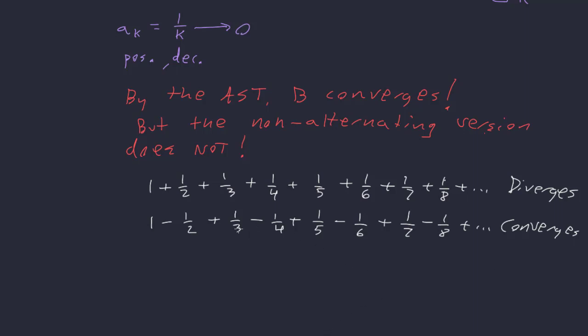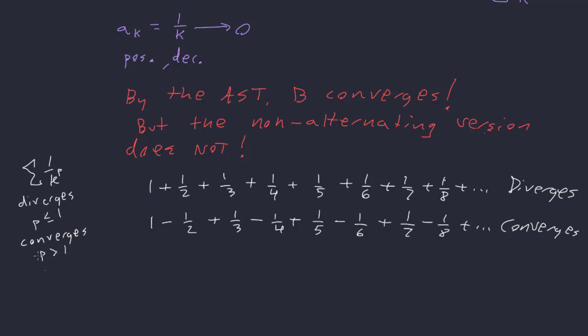And it turns out that this 1 over, so remember, the series 1 over k to the p diverges when p is less than or equal to 1, and converges when p is greater than 1.